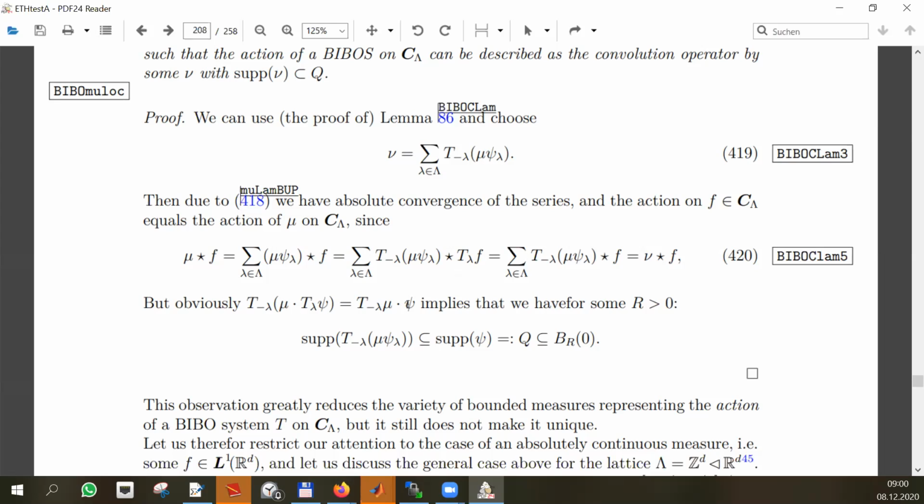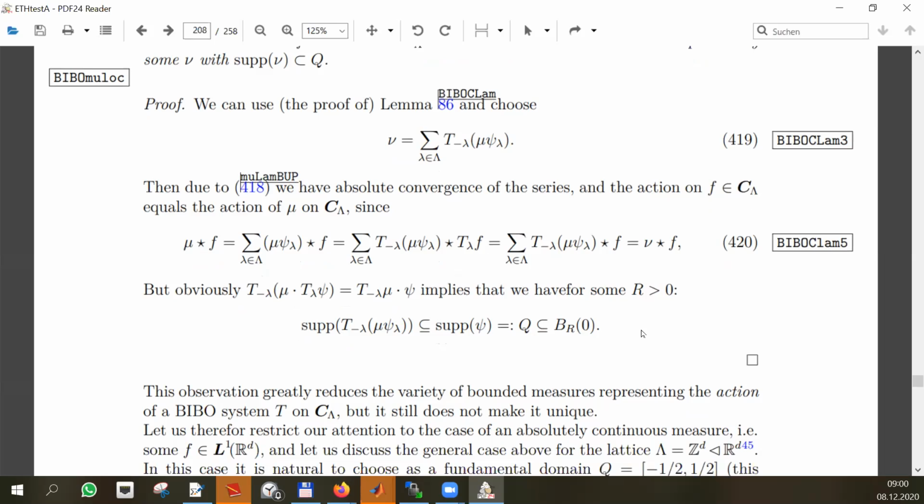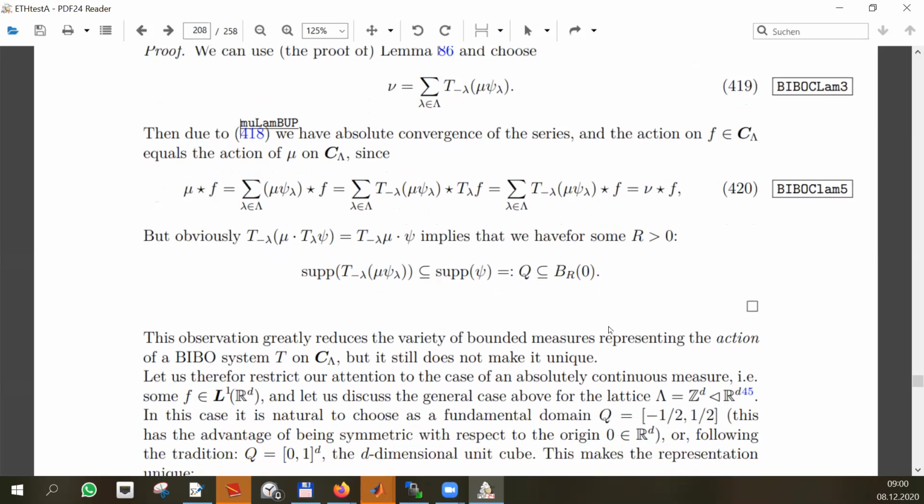So what you can say is that the new measure, which we call nu, is a sum of things which are all concentrated inside of the support of psi, and that's a fixed compact set inside some ball of radius r. And so in this way, we reduce this ambiguity and say, well, you can move things around, still have the same action on C lambda, but what would be the optimal concentration or so?